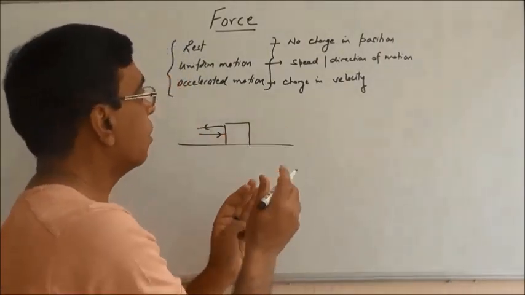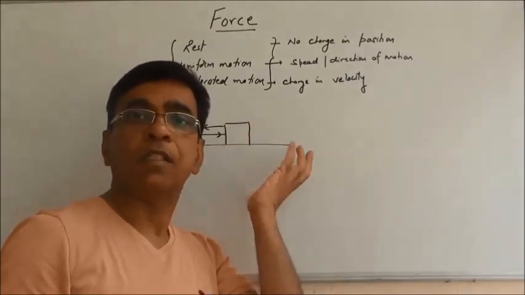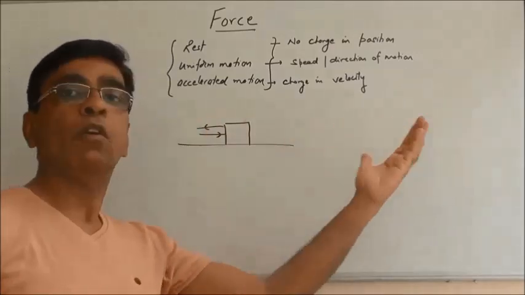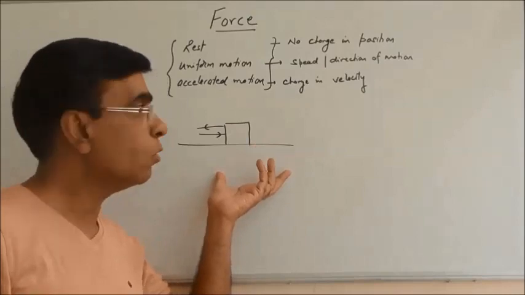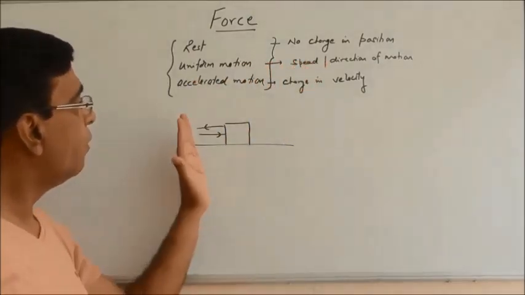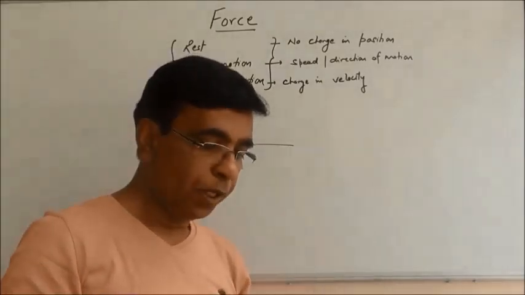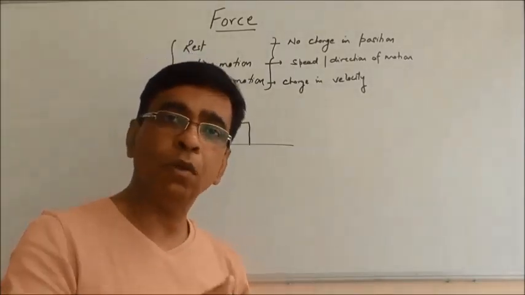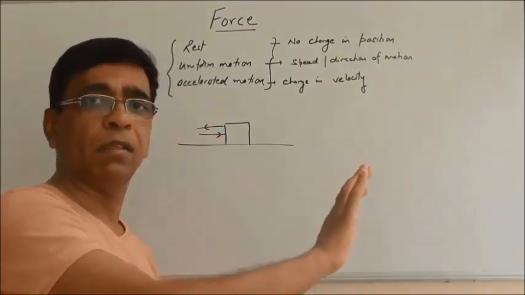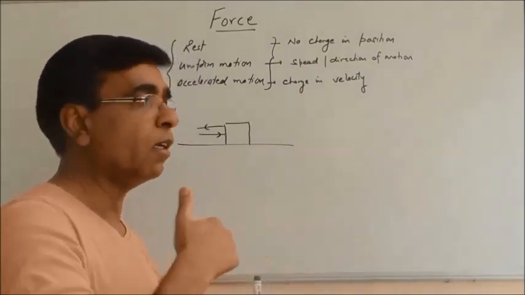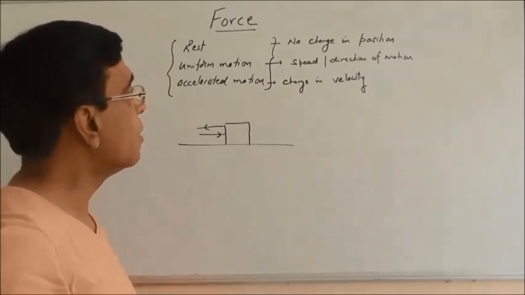It's changing its position. So initially when it is at rest, its speed is 0. When I push it or pull it, it gains some speed. It means there is an acceleration in it. In the same way, if it is moving with some speed and I want to increase its speed or reduce its speed, then again I have to either push it, and the speed will increase, or pull it in the opposite direction, and the speed will decrease.